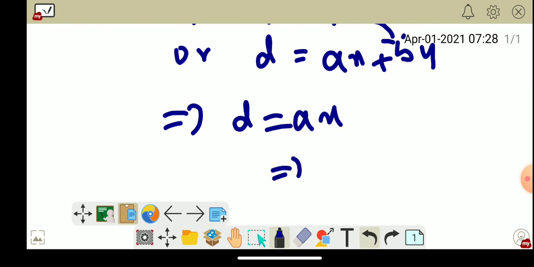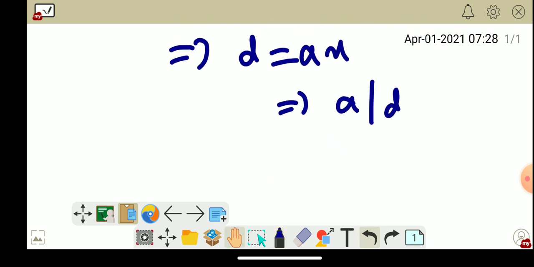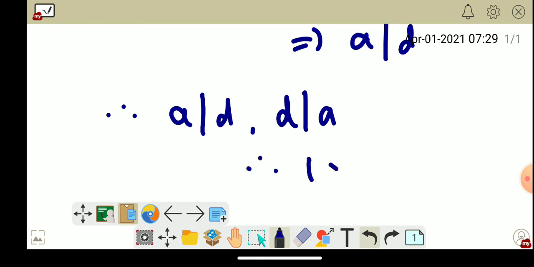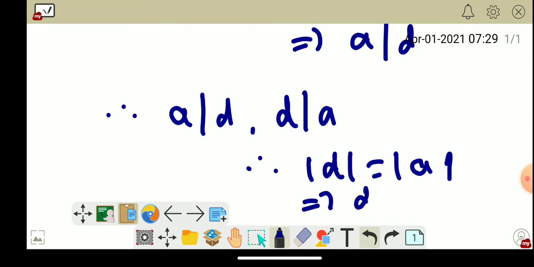That means A divides D. Therefore A divides D and D divides A, so mod A equals mod A, that implies D equals mod A. Ends the theorem.